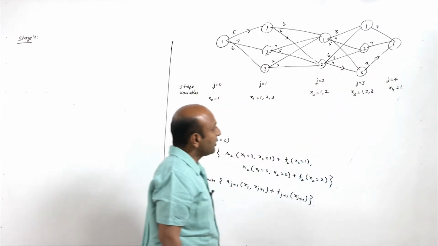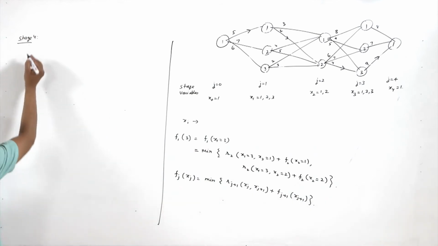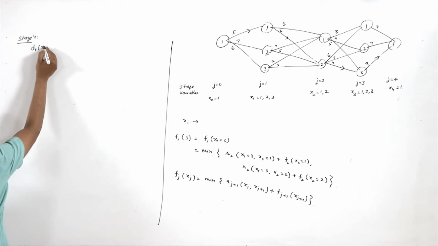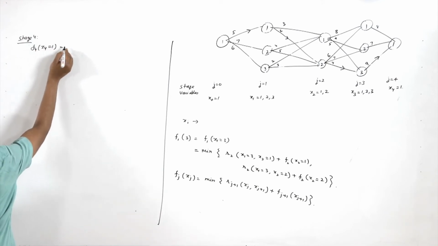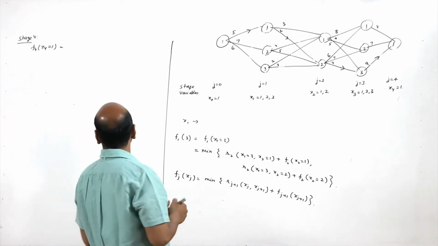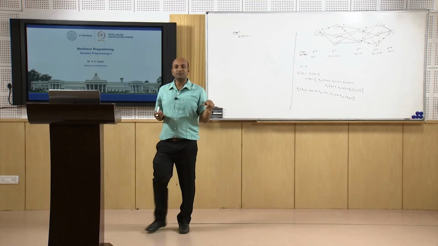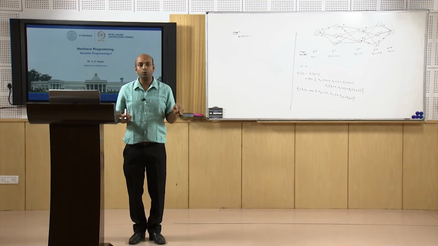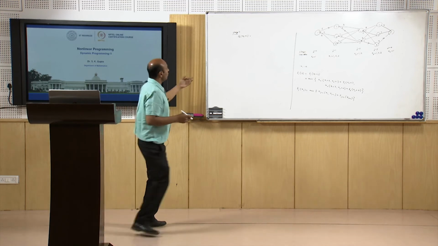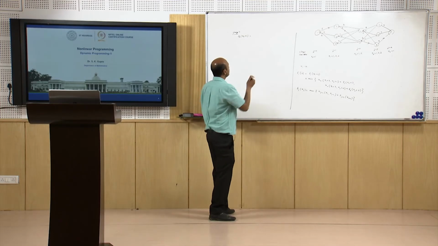So first we find stage 4. For stage 4 it will be f4 x4. fj xj is the minimum distance from node xj to node x4 equal to 1. So from node x4 equal to 1 to itself the minimum distance is 0.